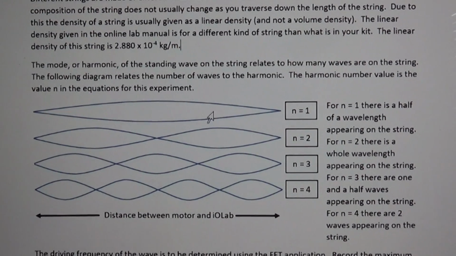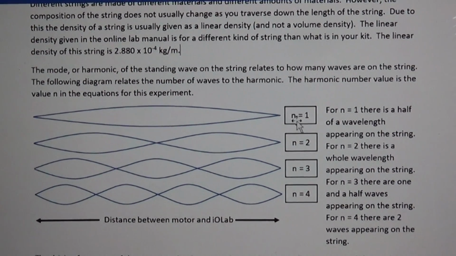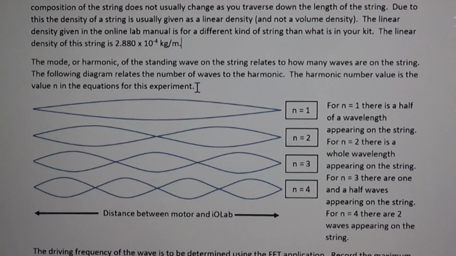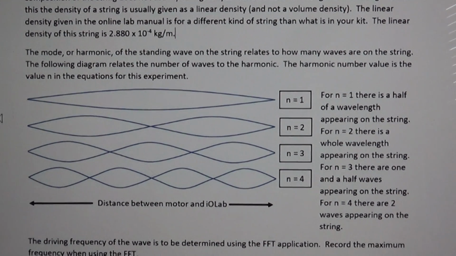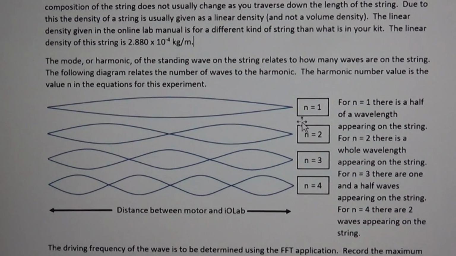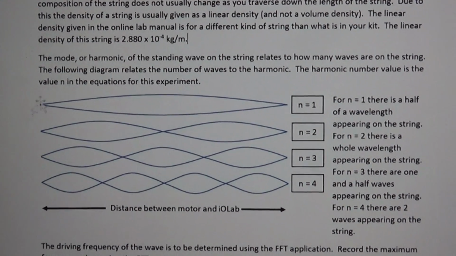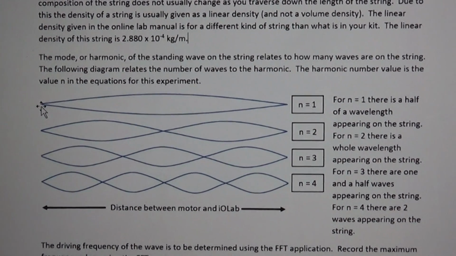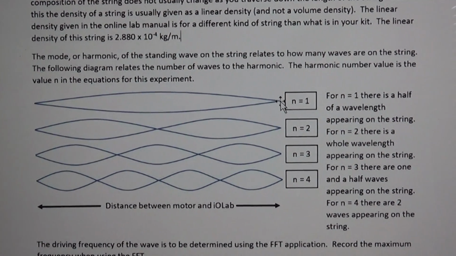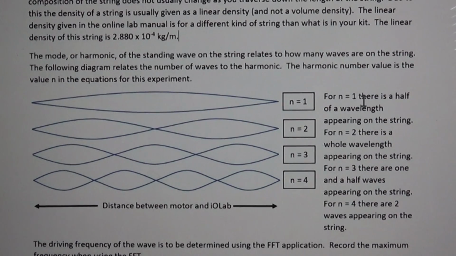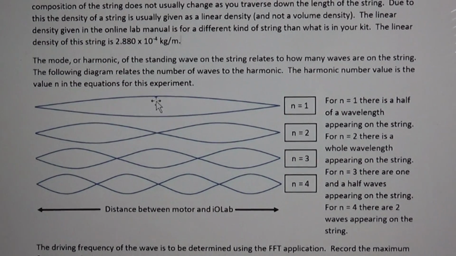So we are definitely not going to try to get n equals 1. X that one out in your head. But we have a node here and a node here. We have a node at the motor where it's tied off, and a node at the eye screw where it's tied off. In this case, for n equals 1, you have one antinode.